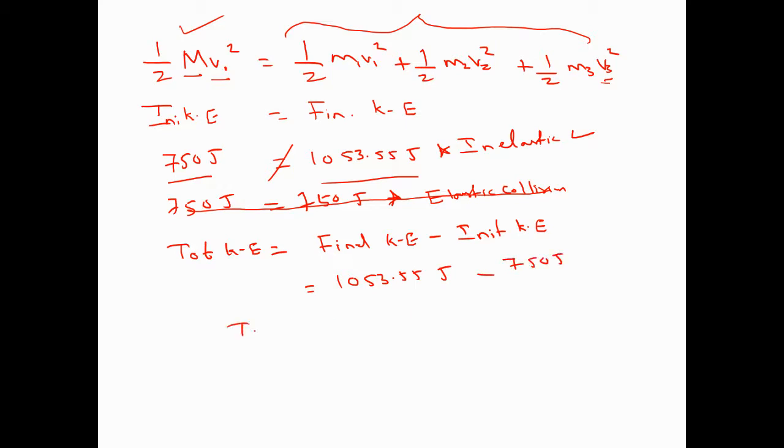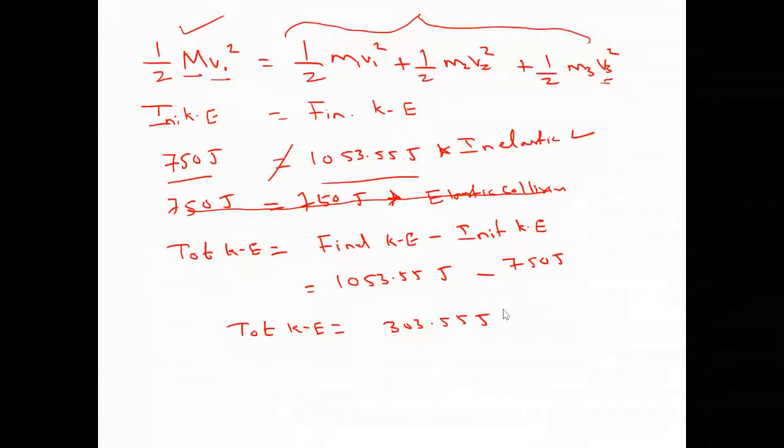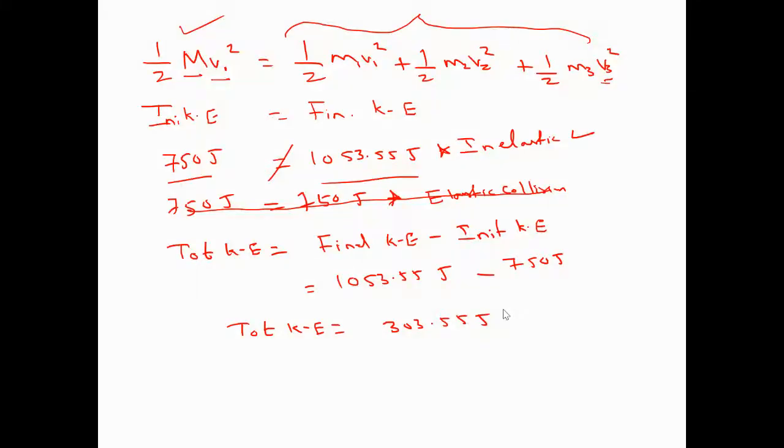When you substitute here, my total kinetic energy of the collision is 303.55 joules. But teacher, he asked for the total. I think we are supposed to add it, not subtract it.